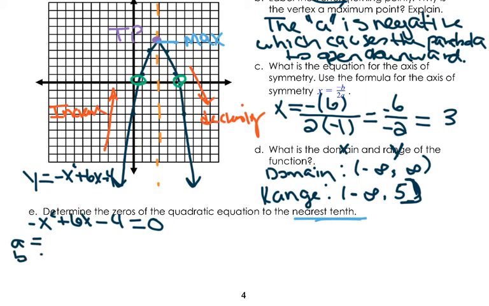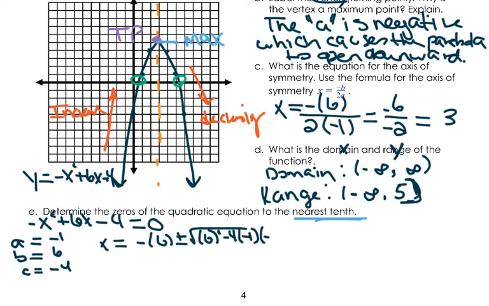A, B, C. A is negative 1, B is 6, C is negative 4. I'm going to plug that into our formula. And everything is over 2 times negative 1.